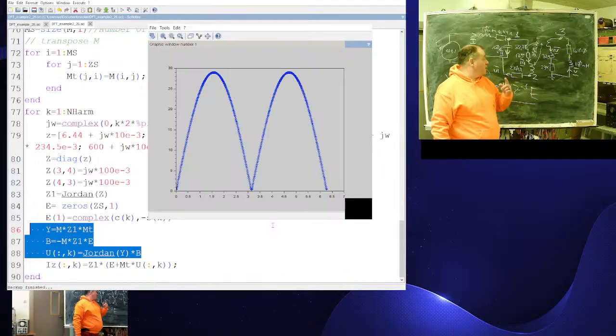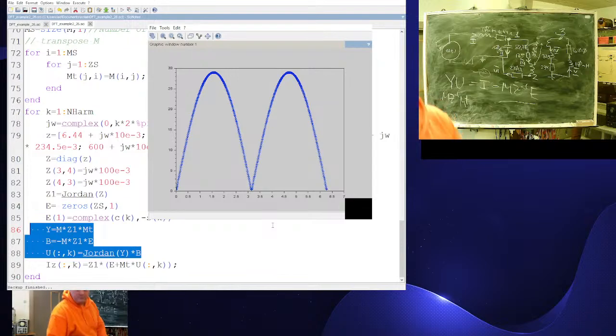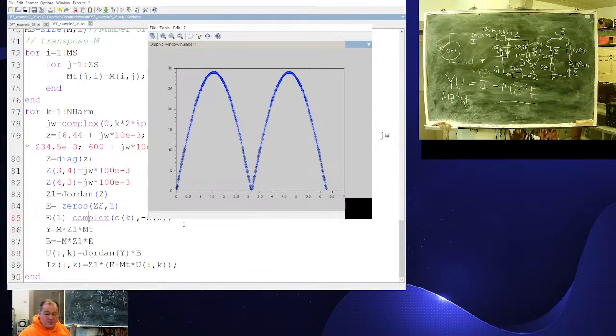Since I have only one EMF in first branch, I fill this vector with 0 and add the complex value of my harmonic, or phasor of my harmonic. Since I perform this for all AC harmonics, I will solve 50 regimes. Voltages, branch currents through Ohm's law.